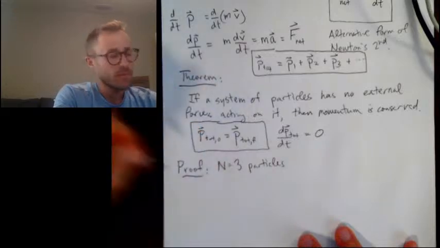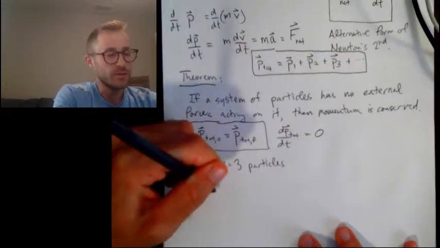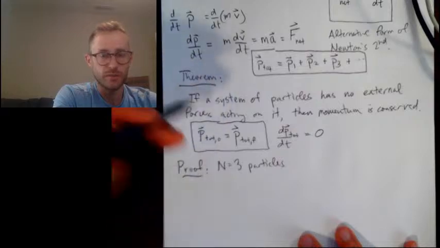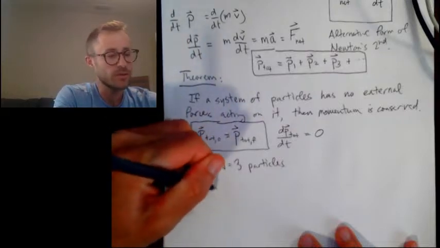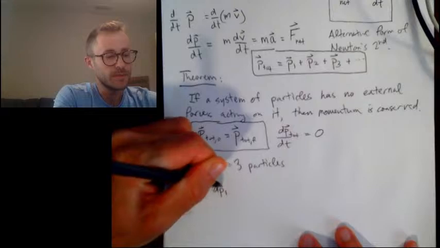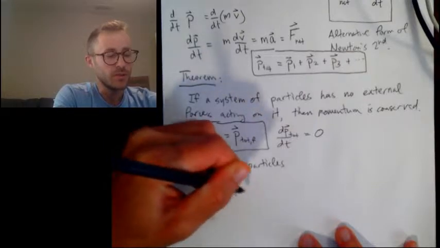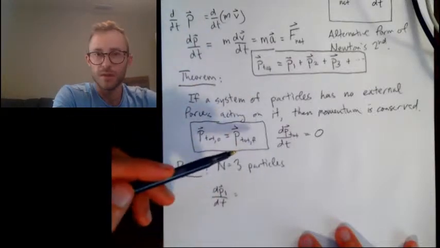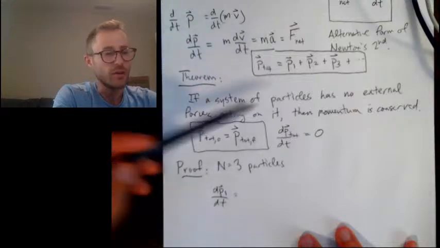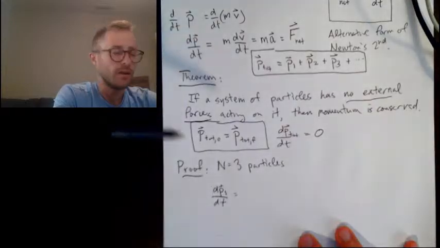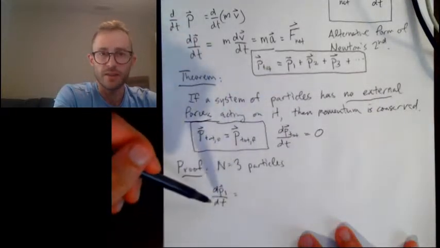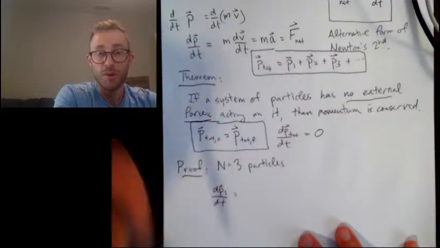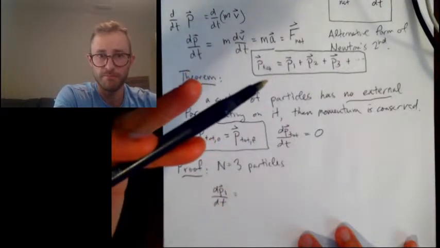We're going to write down Newton's second law for each of the 3 particles. So we have dp1/dt equals the net force on particle 1. Now, because we have 3 particles, there are no external forces. This is a critical point. The only thing that can exert a force on particle 1 would be particles 2 and 3.